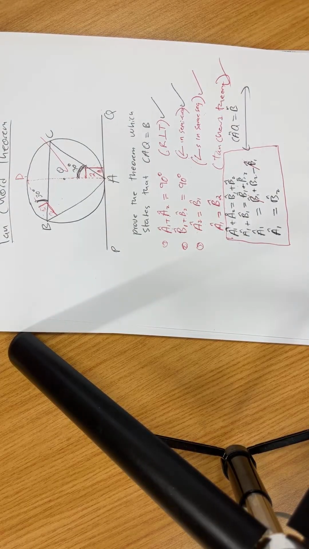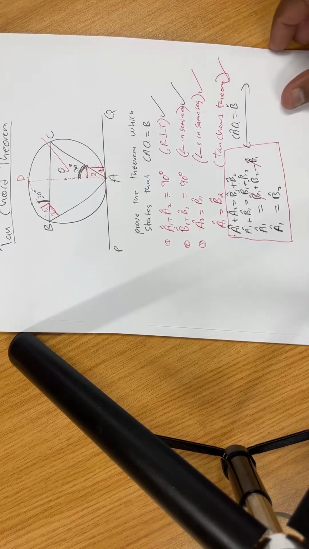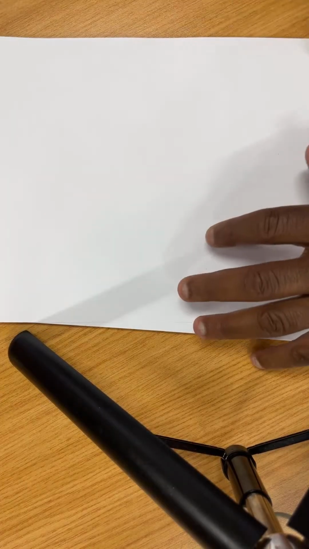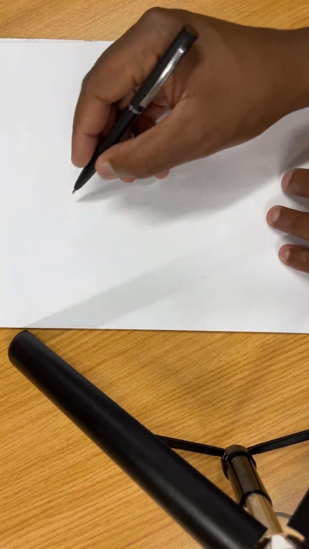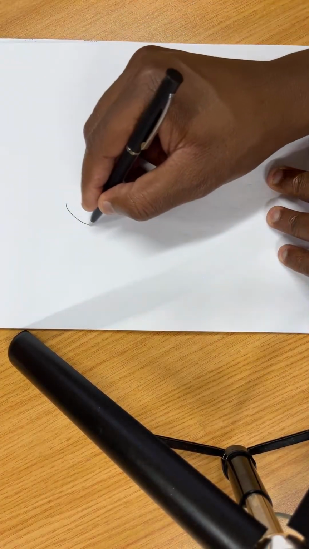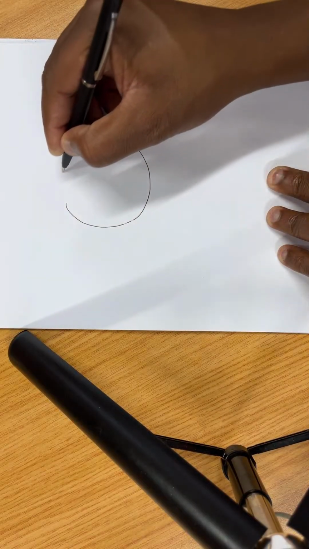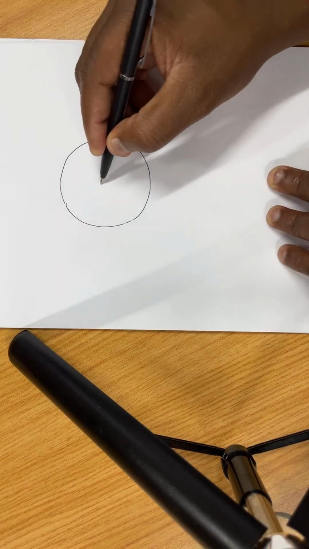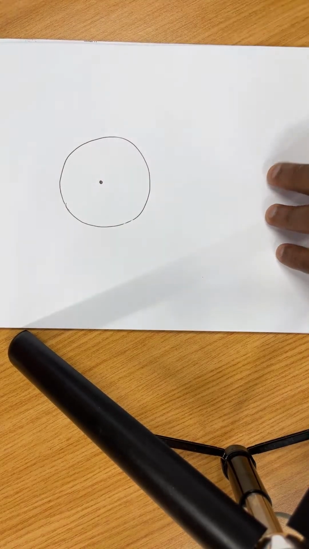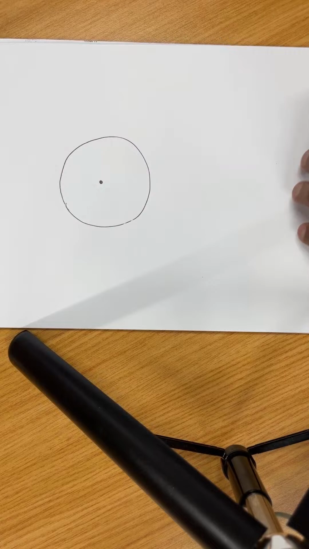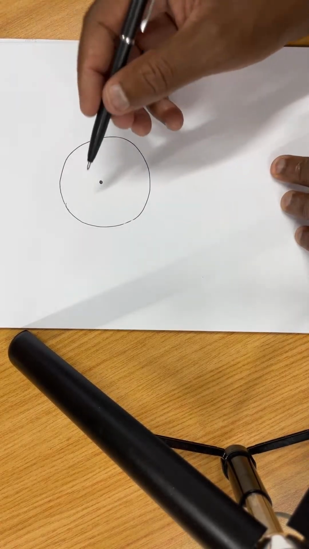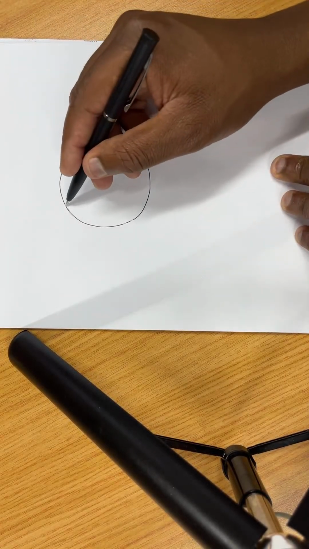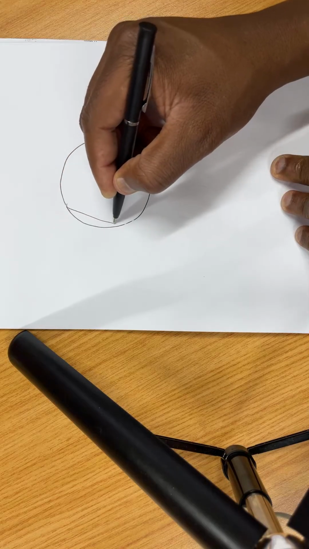Another theorem that I prove in the exam. Theorem number 5, the cyclic quadrilateral, okay? So let's take this is the center, and you have something like this.